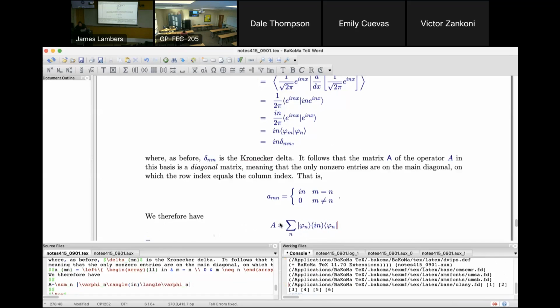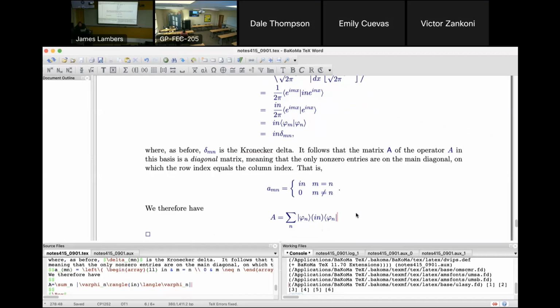So this is the way to represent an operator using a single summation rather than a double summation as you get in the general case.